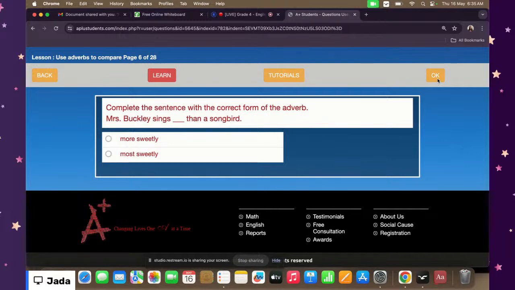Mrs. Bunkley sings dash than a songbird. More sweetly or most sweetly?